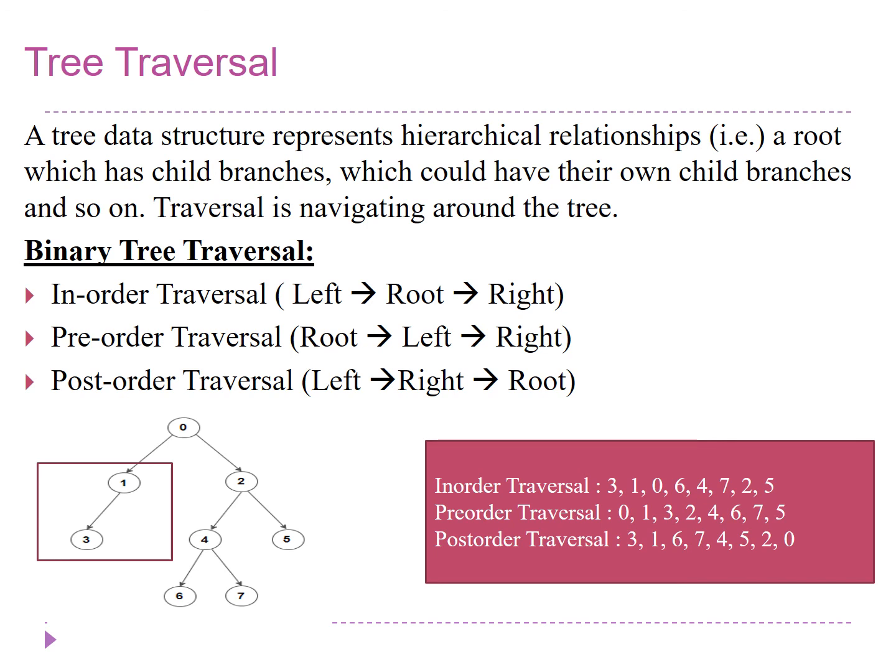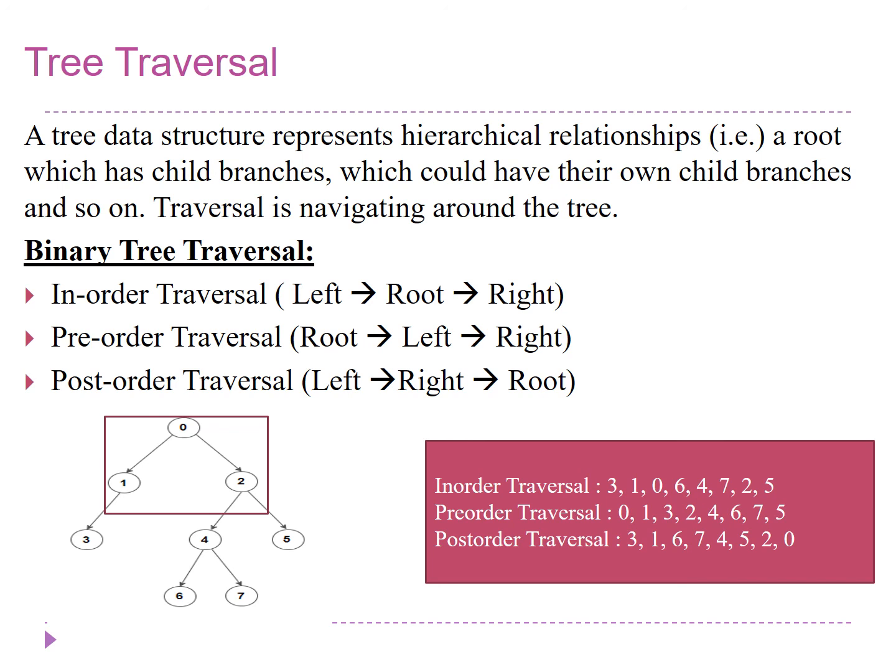Here, in the in-order traversal, the left node 3 is processed first, followed by the parent node 1, which is considered as the root of the subtree. It does not have a right child, hence we move a hierarchy up to find the next subtree of 3 nodes.